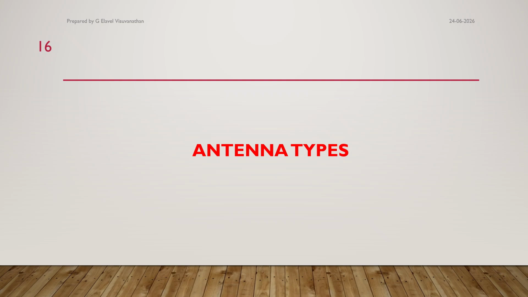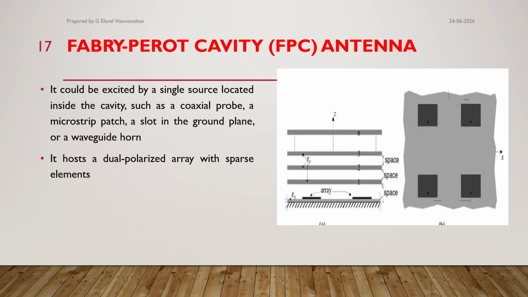Fabry-Perot cavity antenna. It could be excited by a single source located inside the cavity, such as a coaxial probe, a microstrip patch, a slot in the ground plane, or a waveguide. It can also host a dual polarized array with a printed feed network.